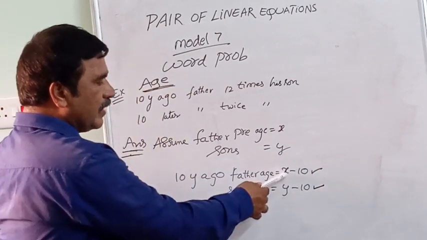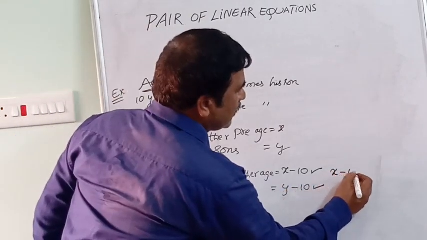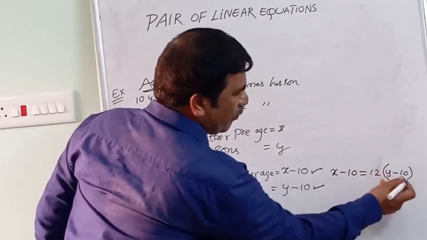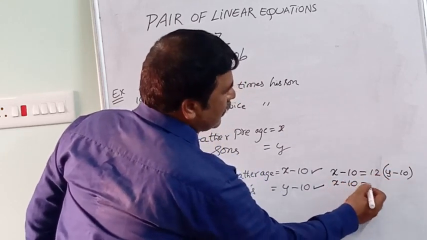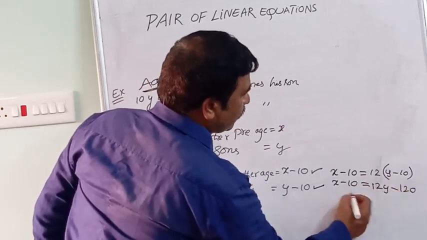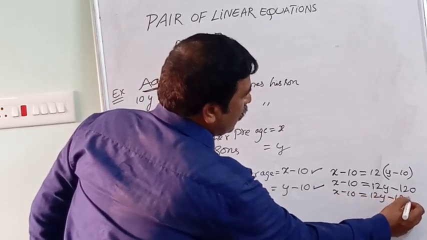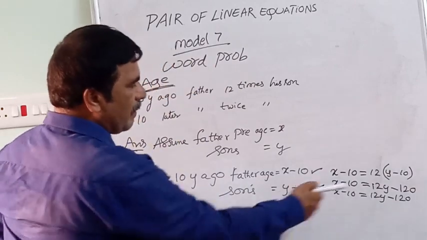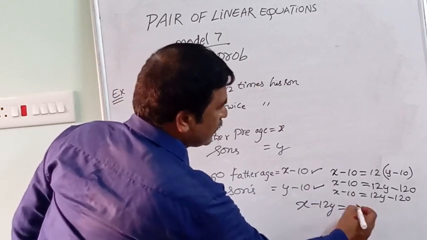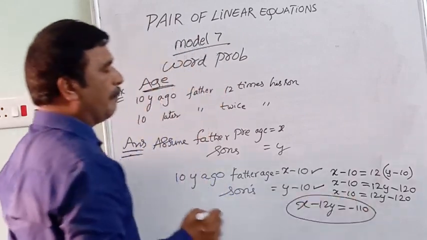See carefully, this is equal to 12 times this. That means x minus 10 is equal to 12 times y minus 10. Open this bracket. x minus 10 is equal to 12y minus 12 into 10, 120. x minus 10 is equal to 12y minus 120. Simplify, you will get x minus 12y is equal to, sending this side, minus 110. This is equation 1, prepared.